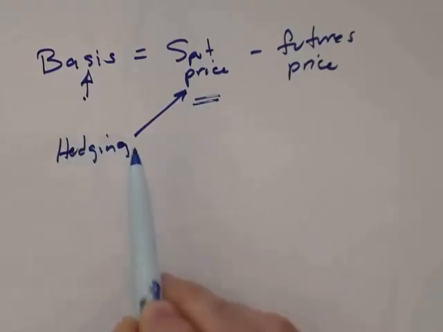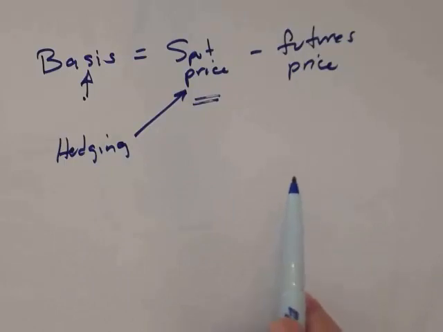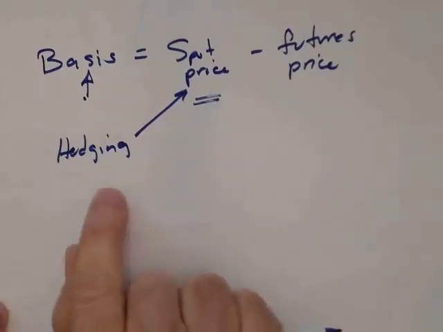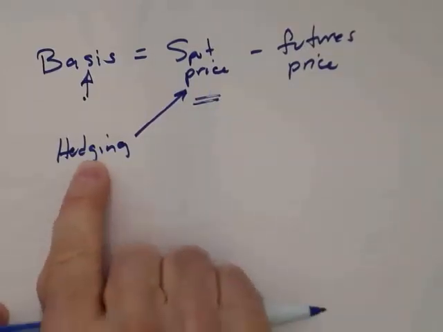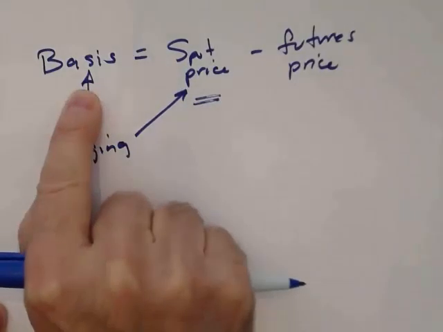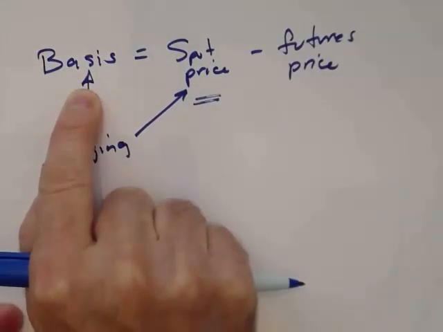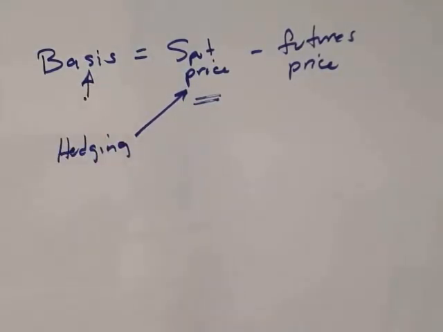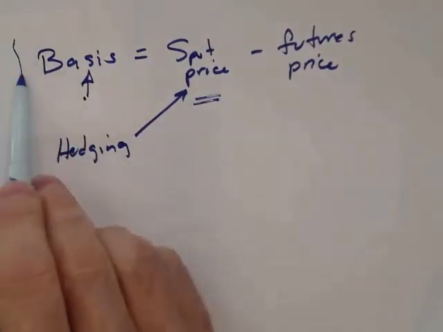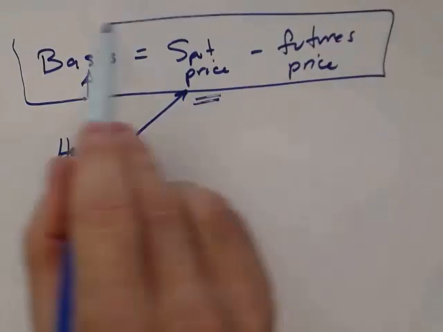I'll give you examples of how that works in a few minutes. But the other interesting aspect of basis is that basis risk usually does not exist if you hold the futures contract to expiration.